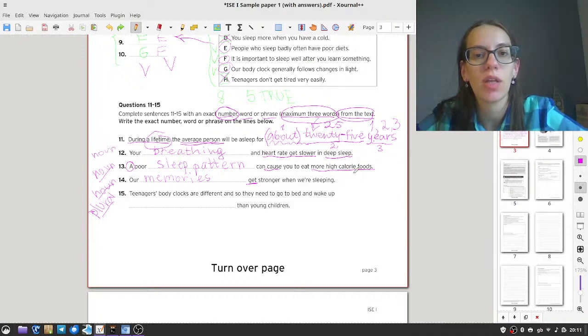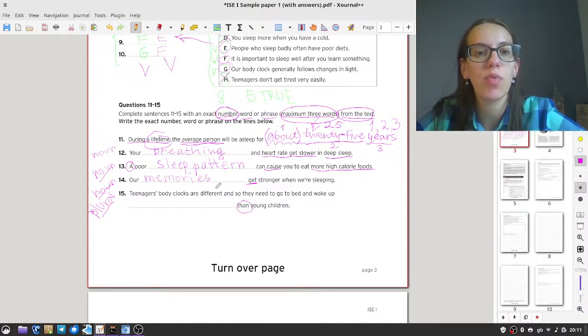You can do something in a certain way. It's not going to be a noun. And then, young children. So we compare here.